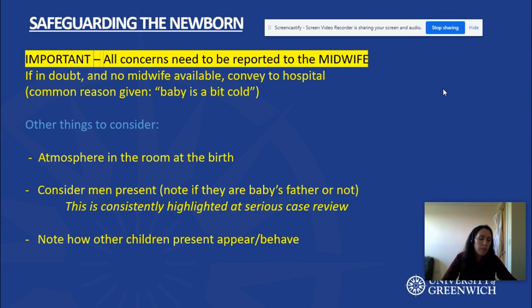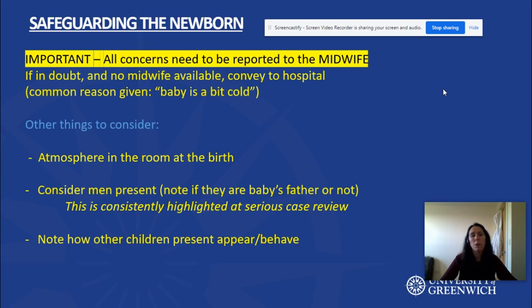Now, this next point sounds a little bit wrong, but it's historical data. So I've written it in here, although I felt a bit weird doing that. My midwife colleagues have told me that we should be aware of the men in the room, especially if they're not the baby's father. Especially as well, they said, if there's any mental health issues with the men.